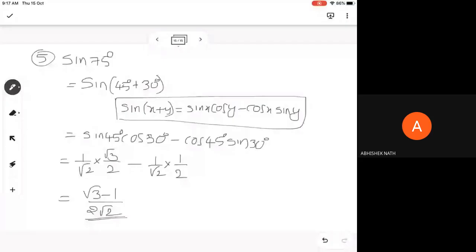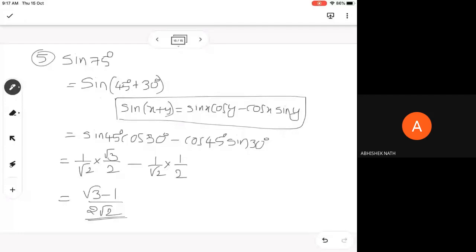Sir, can you split the 75 degrees in any other way, sir? Any other combination? The combination is nothing but what we did here: we split the 75 into 45 degrees plus 30 degrees.